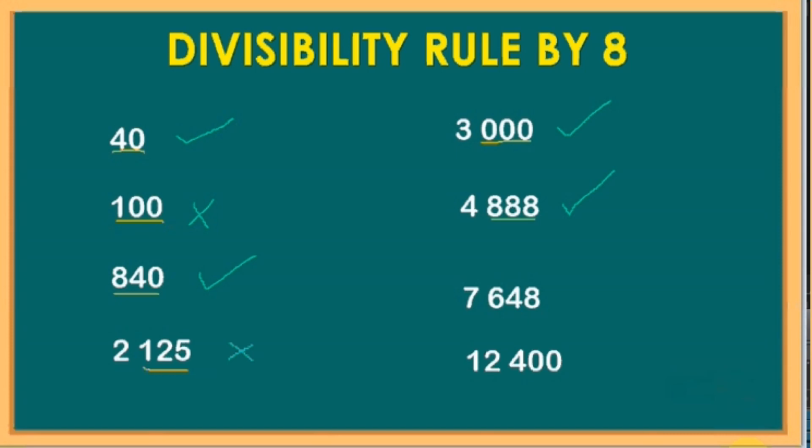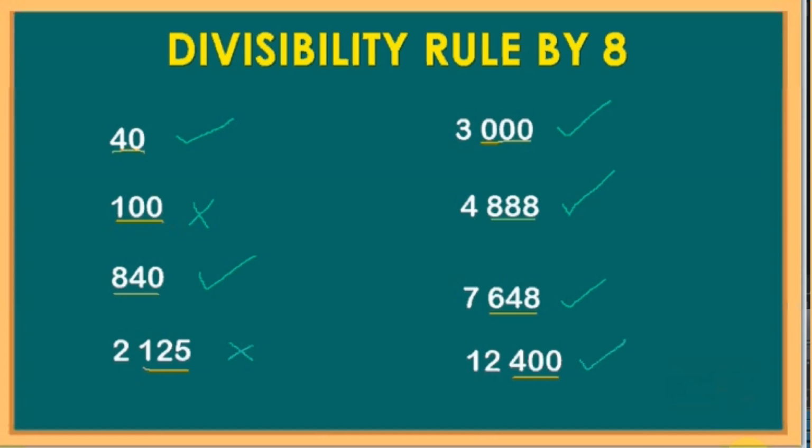For 7,648, we will just look at 648 and you may divide. 648 is divisible by 8, therefore the whole 7,648 is divisible by 8. For 12,400, 400 is divisible by 8, so 12,400 is divisible by 8.